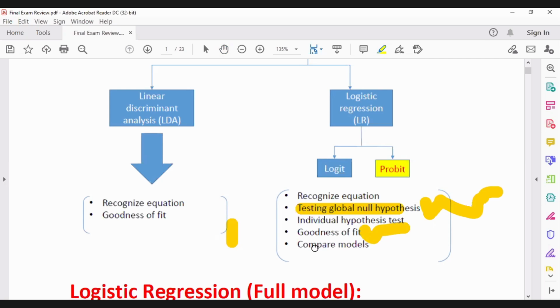These three statistics are reported by SAS. So the best model is the one with the lowest values of Akaike, of Schwartz criterion, and of -2 log likelihood.